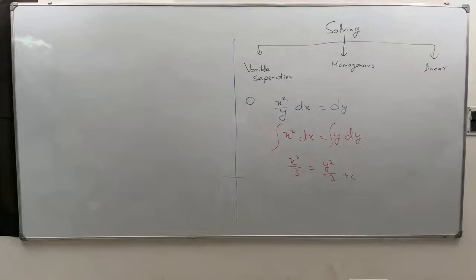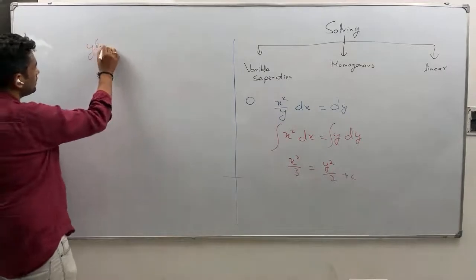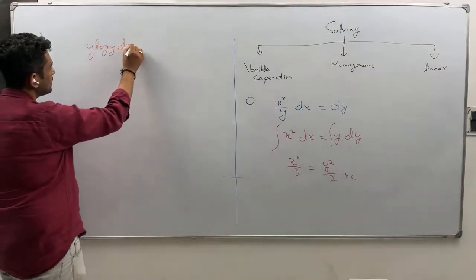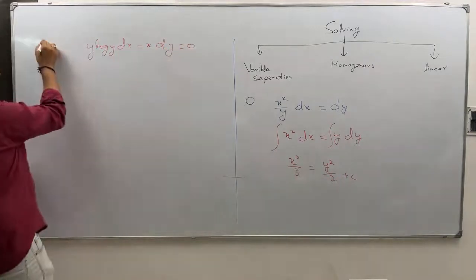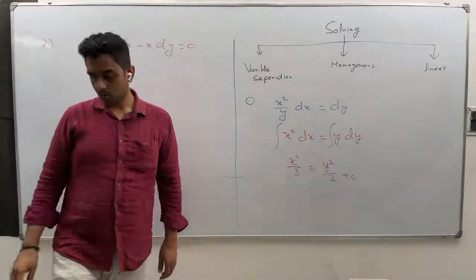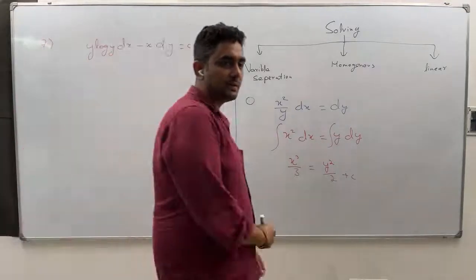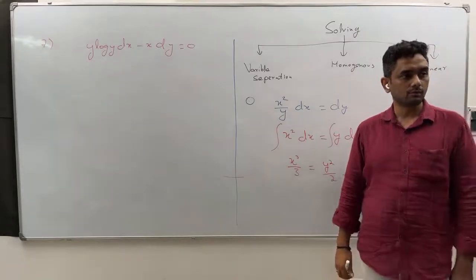In question number 7, we have y log y dx minus x dy equal to 0. So we have to simplify this. Again, the idea is same. Separate the variables, all x on one side, all y on the other, then integrate.